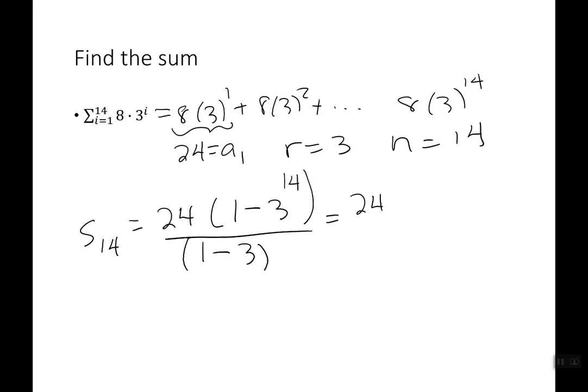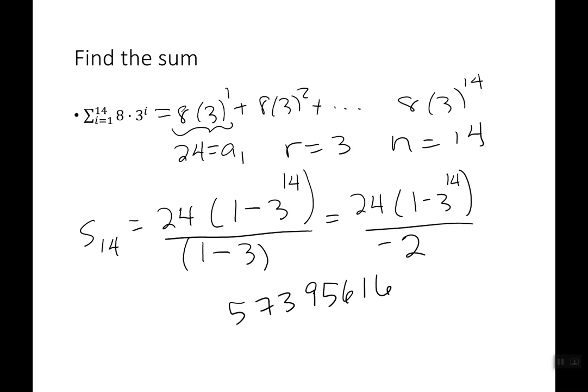I have 24 times 1 minus 3 to the 14th, and on the bottom, 1 minus 3 is -2. So 24 times 1 minus 3 to the power 14, divided by -2, and this gives me 57395616.